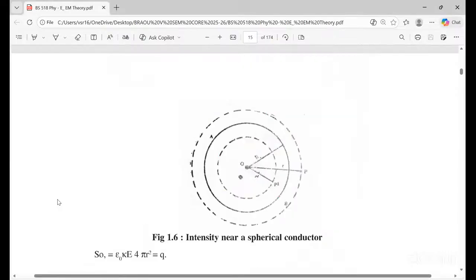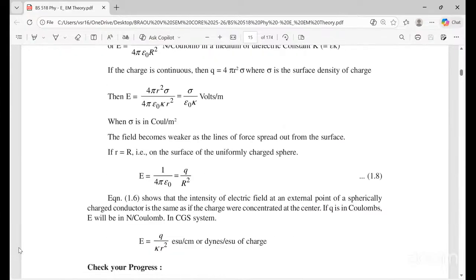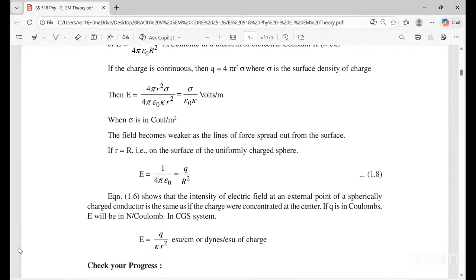But you need to tell what is the intensity of the electric field when the point is chosen outside, inside or on the sphere, how the electric field value is changing. If you choose outside, the electric field value is inversely proportional to the square of the distance. On the sphere it remains constant. Inside, from the point towards the surface, the intensity of the electric field is gradually increasing.